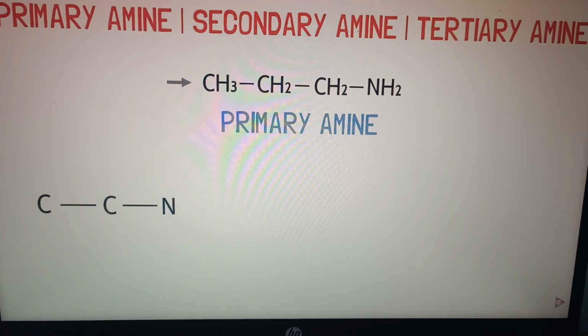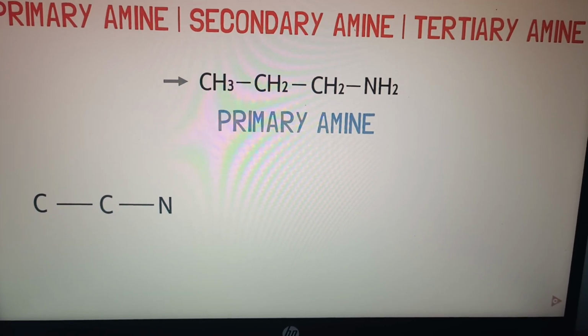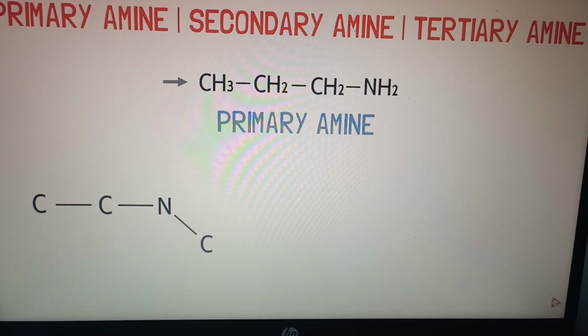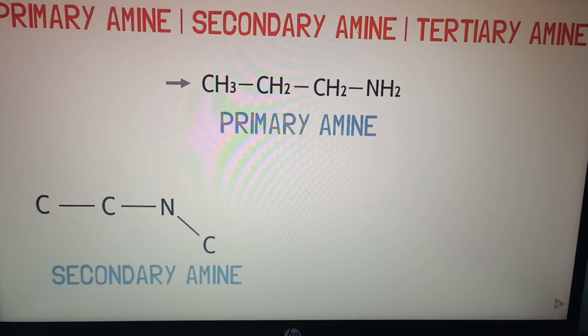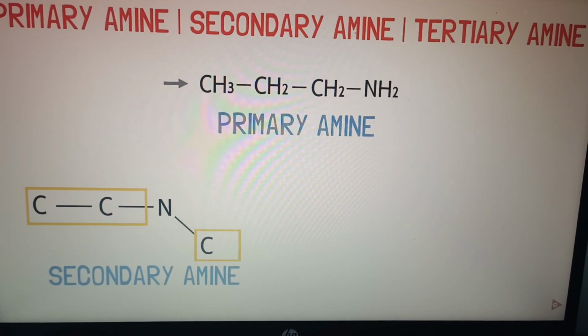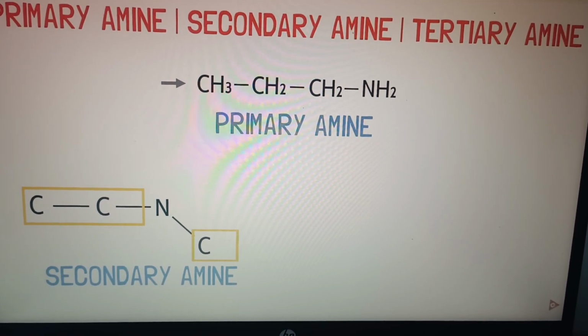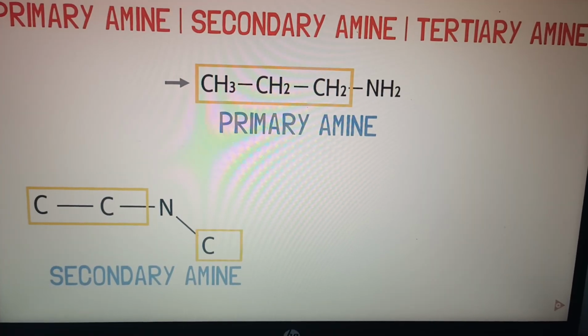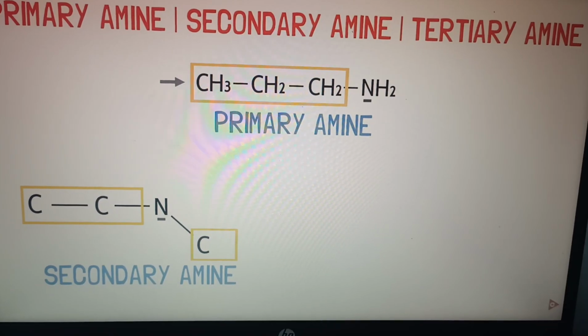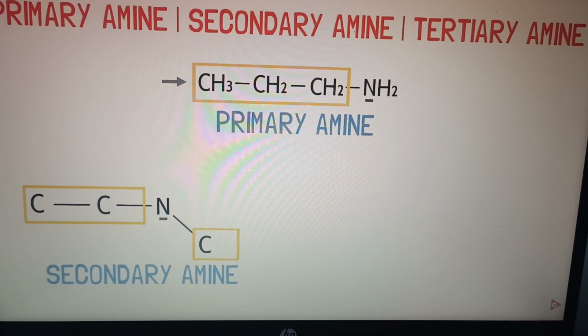Take one nitrogen, two carbons on the left side and one carbon on the other side chain. So this is our secondary amine. We have three carbons in the secondary amine and three carbons in the primary amine, so the carbons are balanced. We have one nitrogen in the secondary amine and one nitrogen in the primary amine.